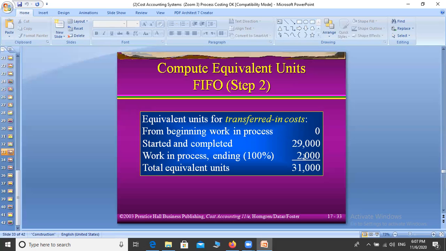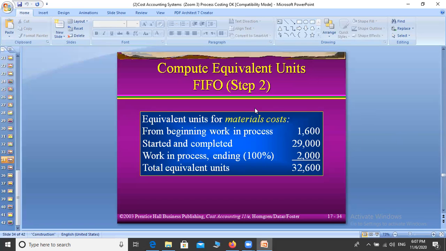Then the 2,000 in work in process at the end, 100%, 2,000, so 31,000. Again, the beginning work in process was 4,000 units. We considered the 4,000 completely in the weighted average method, but here, as it takes 100% of its cost, I consider it 0. The remaining of 33,000 is 29,000. Then 2,000 ending, the total is 31,000.